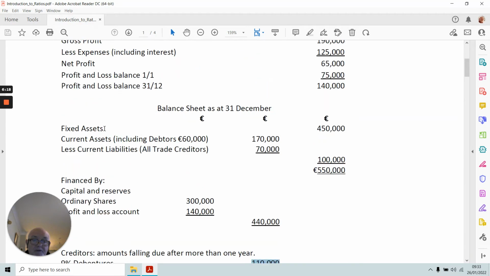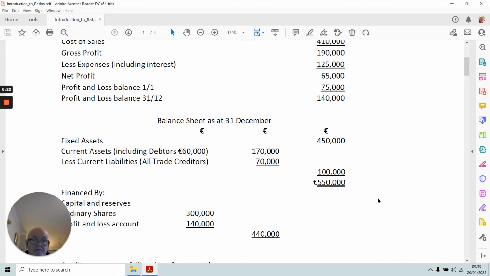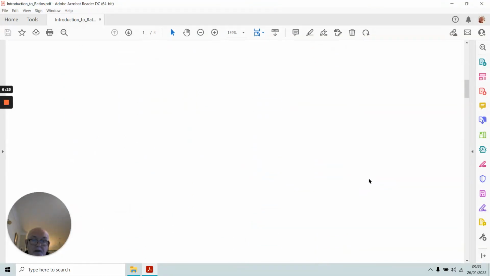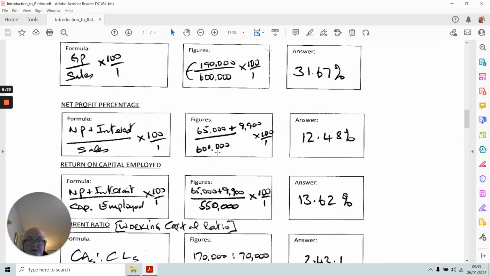So if the net profit is 65,000, the net profit before interest must be 74,900. So net profit plus interest over the 600,000 is 12.48%.